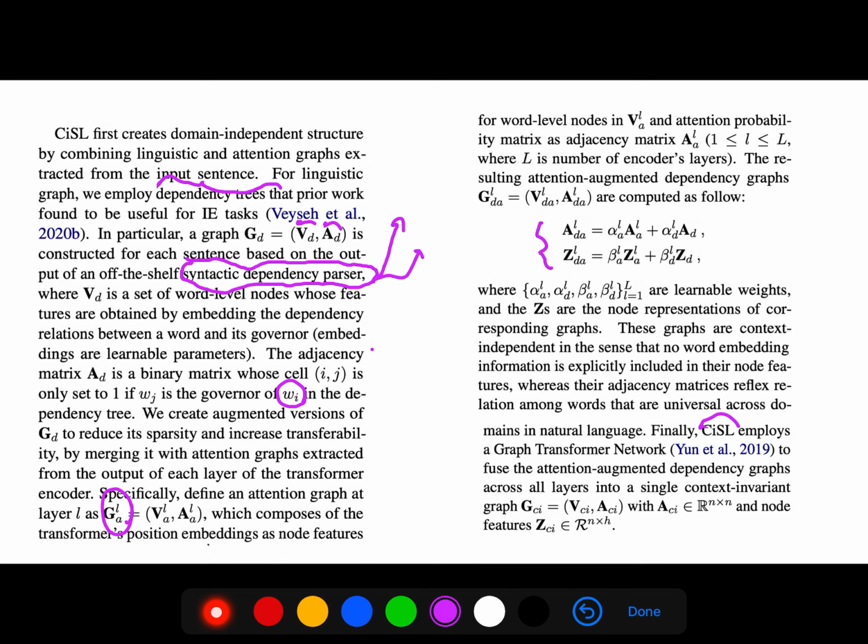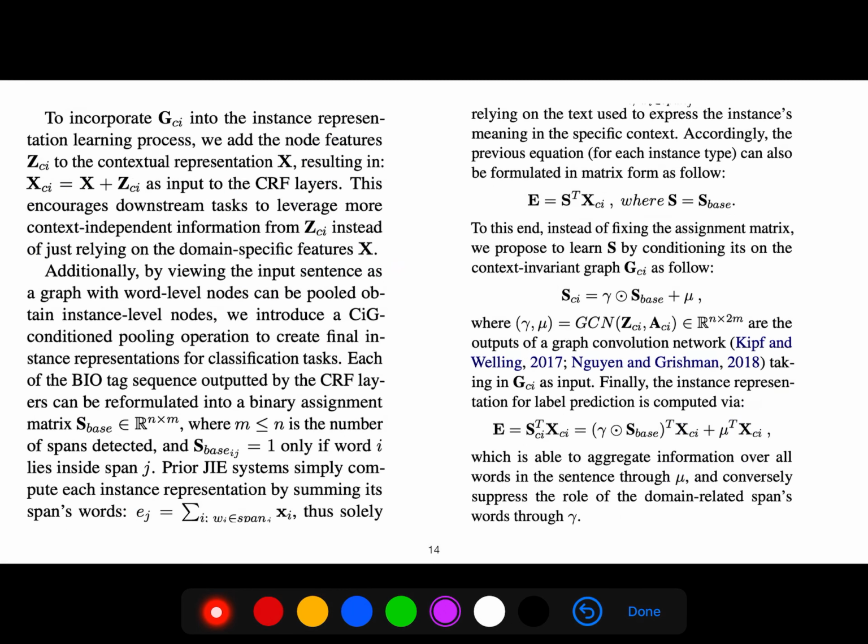Then this model employs a graph transformer network to fuse the attention-augmented dependency graphs to incorporate G into instance representation learning. The only concern for me in this paper is that the computational complexity is huge. Otherwise, the idea is interesting, but the model should be simpler.